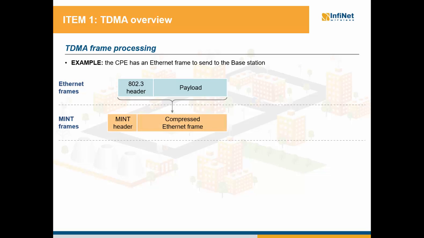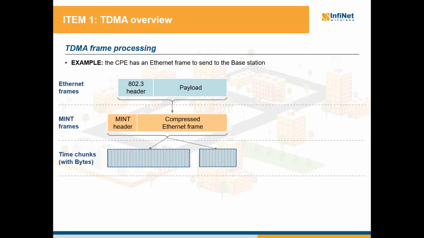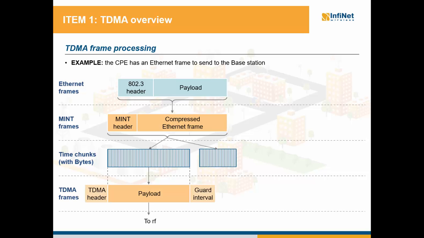In TDMA, the frames are then divided into time chunks with byte precision in order to best fit the fixed transmission frame. And this is the key differentiation between polling, which we are going to discuss in a few more slides, and TDMA. I repeat that the first part is mint frame 1, which is encapsulated by a TDMA header, and also the guard interval, which is added further.